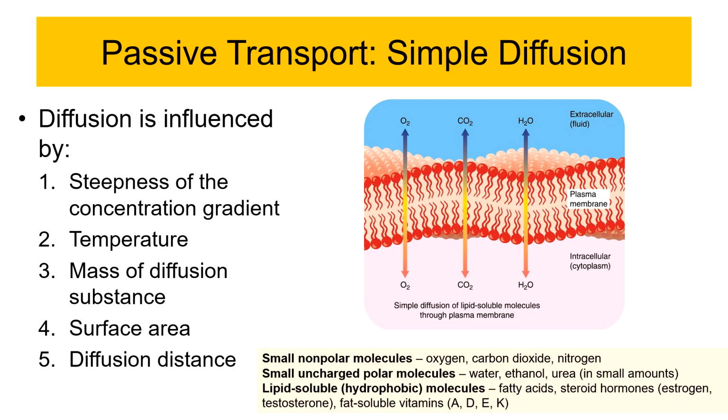Small nonpolar molecules such as oxygen and carbon dioxide can move by simple diffusion. Some lipid-soluble molecules can also cross in this way. An easy way to remember diffusion is that particles tend to move from where they are more concentrated toward where they are less concentrated. And please do not forget that no ATP is directly required.